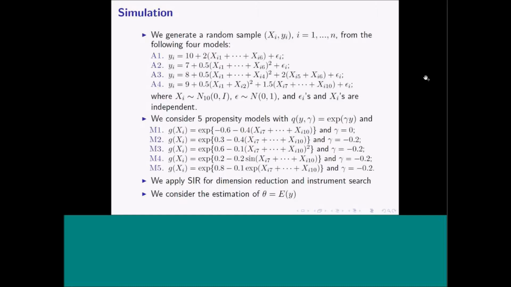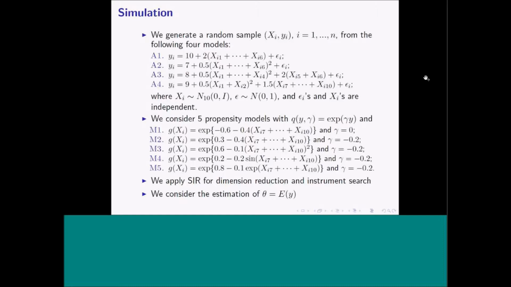And then we just use our proposed method to search for an instrument. We also get a dimension reduction. We apply the simplest dimension reduction method, so-called SIR.